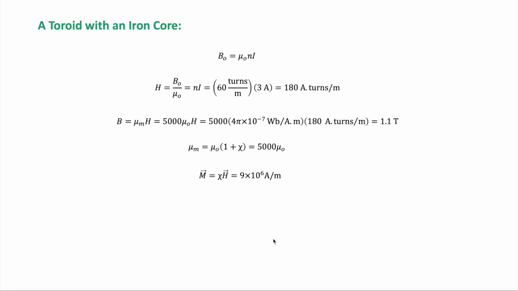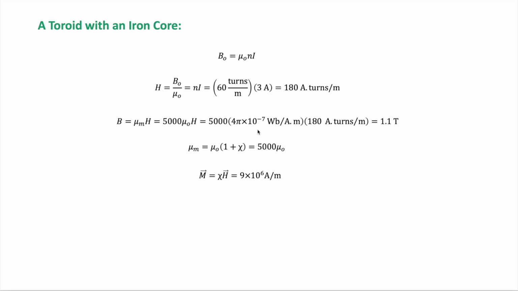So as an example, we will consider a toroid with an iron core. Suppose we have a toroid with 60 turns per meter carrying a current of 3 amperes. And if its core is made of iron, which has, in these specific conditions, a magnetic permeability of 5000 mu naught, then we want to find the magnetic field strength H and the total magnetic field B inside the iron.